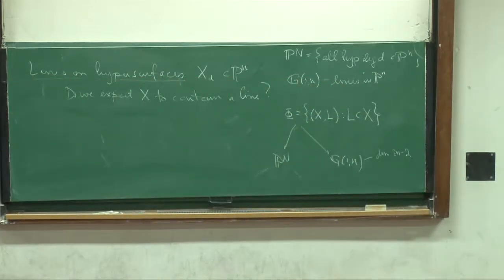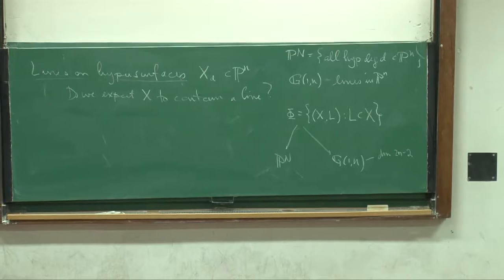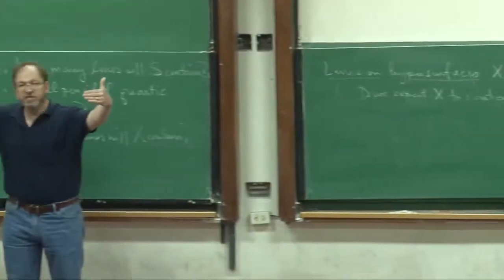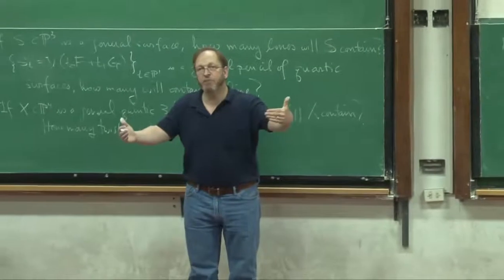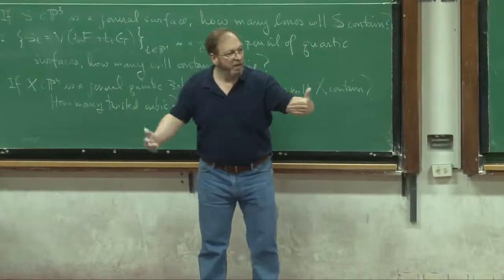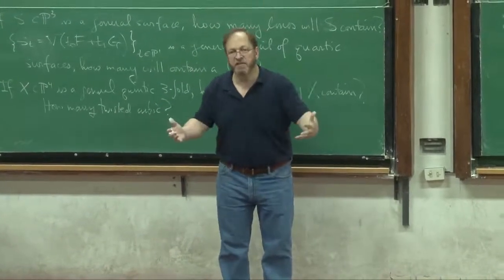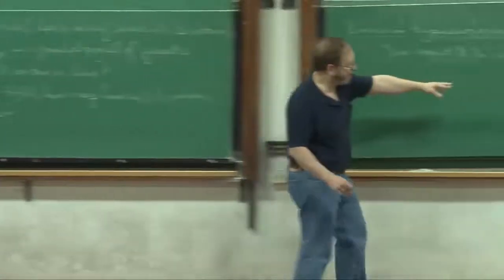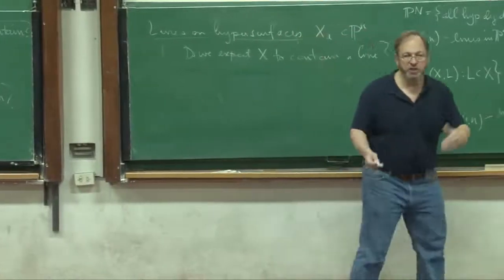Now I'm looking at polynomials in the big projective space P^N whose restriction to that line vanishes identically. If I write down the restriction of a polynomial to a particular line, I just get a polynomial of degree d in one variable, which has d plus 1 coefficients, which are linear functions of the coefficients of the original polynomial. If I set them all equal to 0, I get a linear subspace of this projective space P^N of codimension d plus 1.